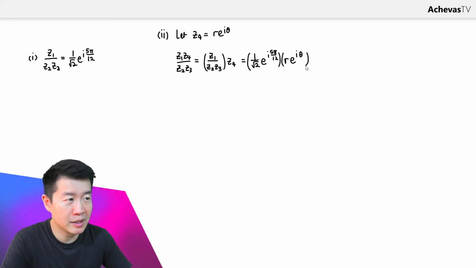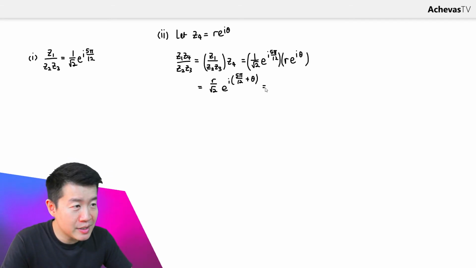So we have this, now multiply by this, which we can then form an overall Euler form for this, which will be 1 over square root of 2 times r over square root of 2, then e to the power of i (5 pi over 12 plus theta).